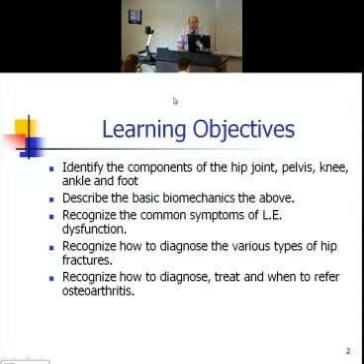Hip fractures are a common problem in the elderly, much more common in women than men due to osteoporosis. Maybe later on, 10 years from now or 15 years from now, we'll start seeing fewer hip fractures because now we have medications to treat osteoporosis, whereas when these people who are getting fractured now were 20 or 25 or 30 years ago, there were no such medications available.